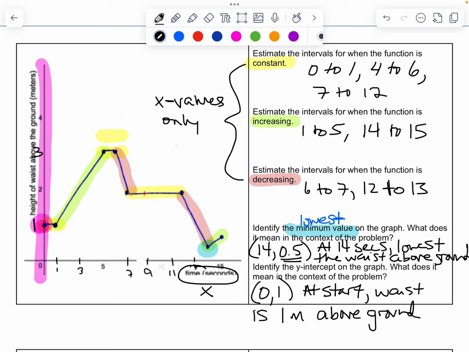And I went ahead and I said M for meter, and of course that's 1 meter above the ground. So again, at the starting location, that's when the waist is 1 meter above the ground. That is the y-intercept in this scenario. We don't have any x-intercepts, so we don't have to discuss that in this particular example.